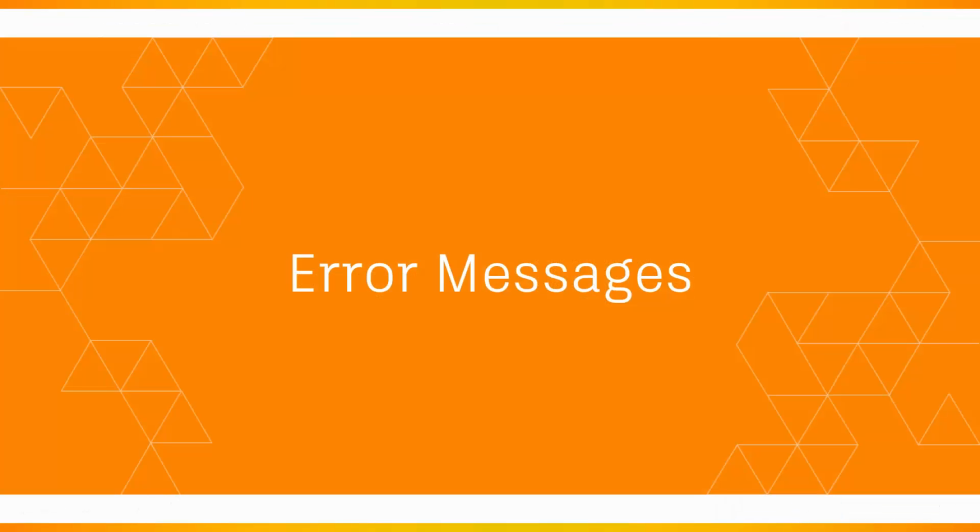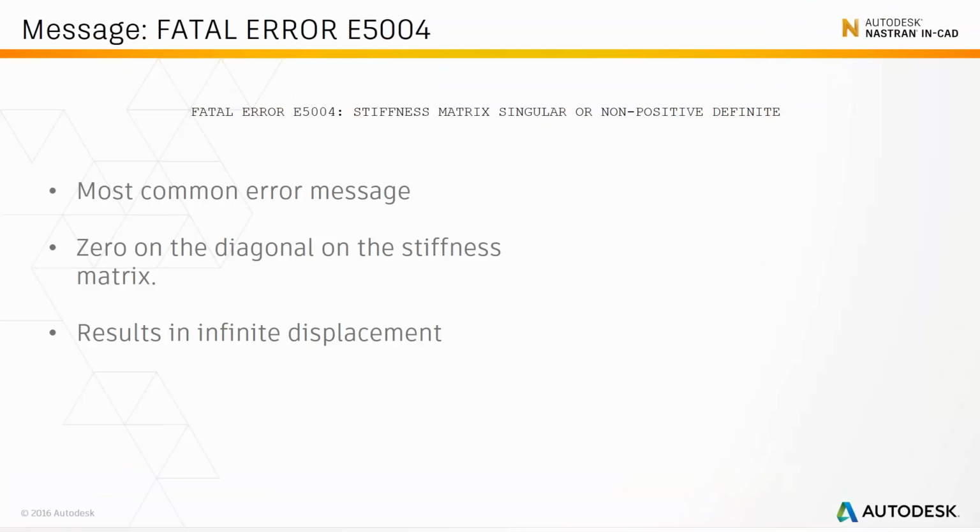And then finally, before we move into having a look at this environment, let's just touch on some of the error messages. These are some of the more common ones that you're likely to encounter, such as fatal error E5004, stiffness matrix singular or non-positive definite. This is definitely one of the most, if not the most, common error messages.